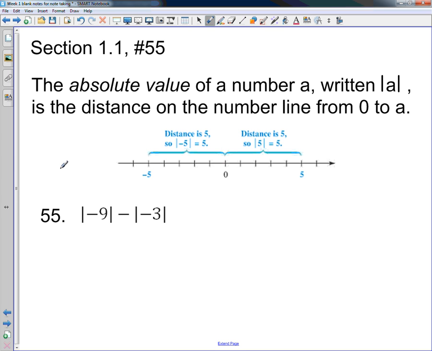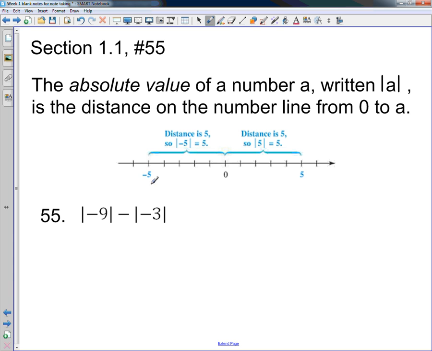So on the next one, we're still in section 1.1. This time we're looking at the absolute value. So when we're talking about the absolute value of a number, we're talking about how far it is from the number 0. So if you look at our little diagram here, we have the absolute value of -5 is 5.